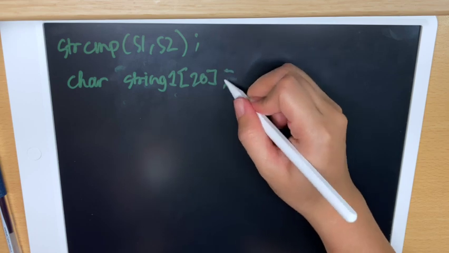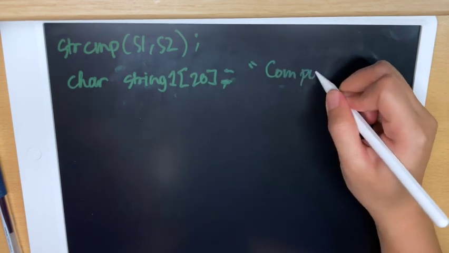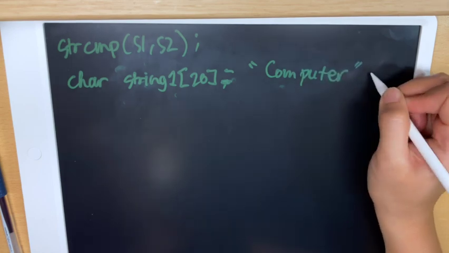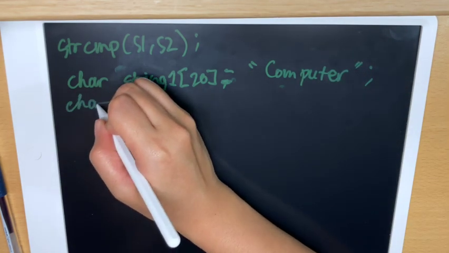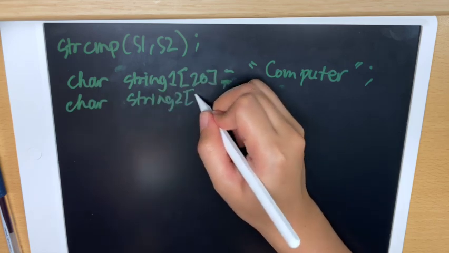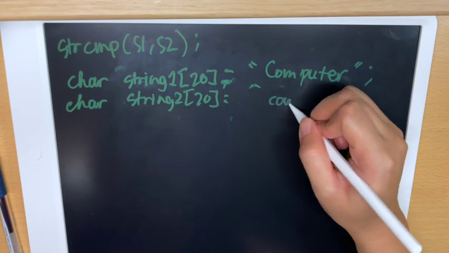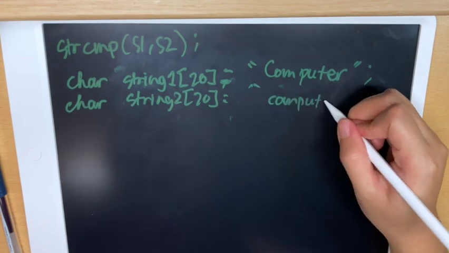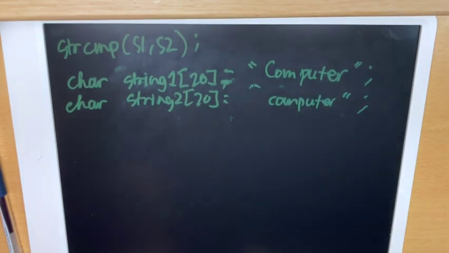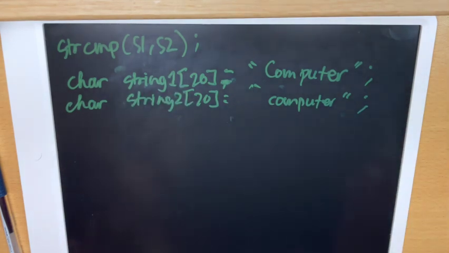I'm sorry, it should be here. We have the word computer, and string 2 we have computer, but it's all lowercase. So how do we know if string 1 and string 2 are equal?